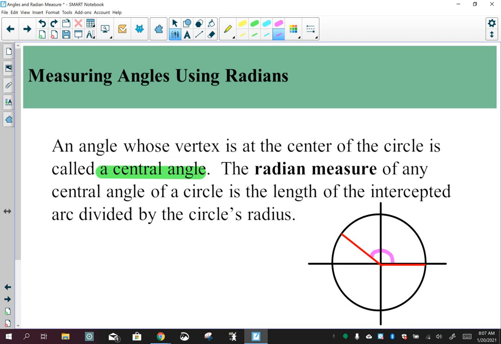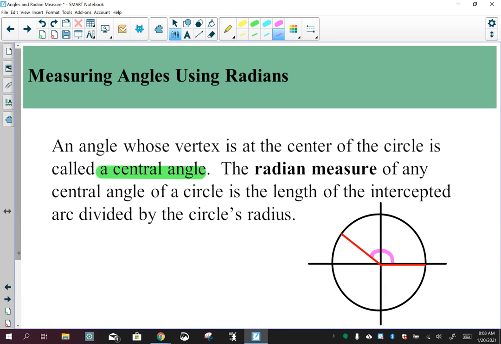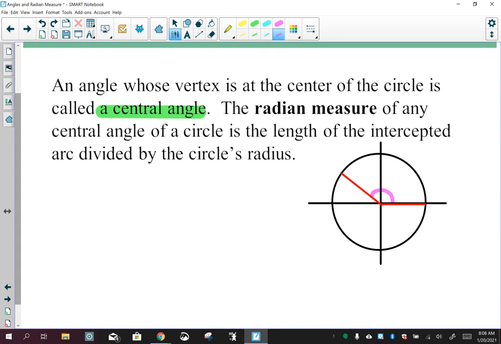The radian measure of the central angle of a circle is the length of the intercepted arc divided by the circle's radius. So I know that's a lot, but let's write this out. Let me actually get a pen here.